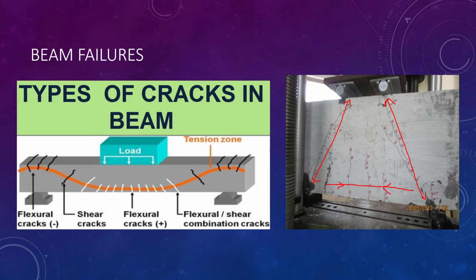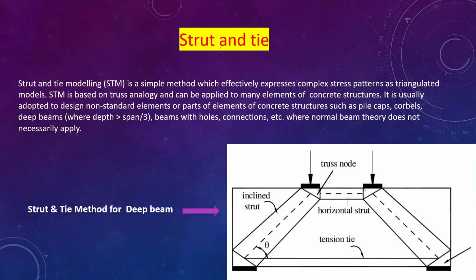So the entire behavior of the deep beam can be idealized into the strut and tie action, in which the total beam you are converting to a truss action, where there will be a combination of compression struts C and tension ties. So what are these? Strut and tie, the important philosophy for designing the deep beams.